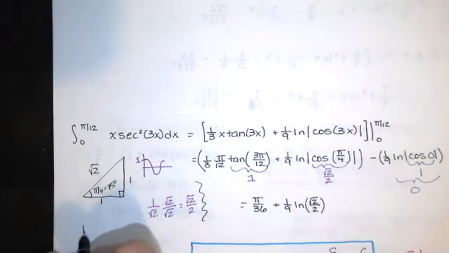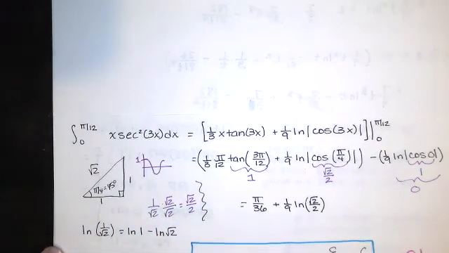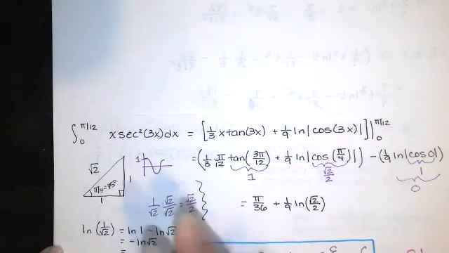Let's see, I'll write this on the side. Log of 1 over root 2, according to our log properties, is log of 1 minus log of root 2, because it's log of the numerator minus log of the denominator. And log of 1 is 0, so you might see it like this. And that square root is a 1/2 power, so you could bring that out front.